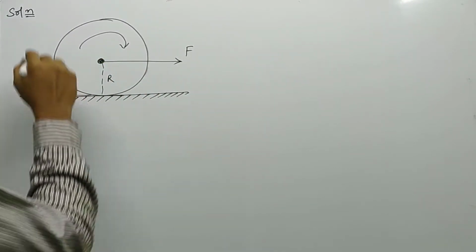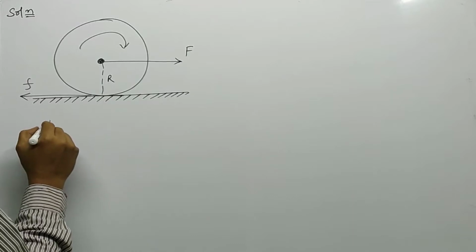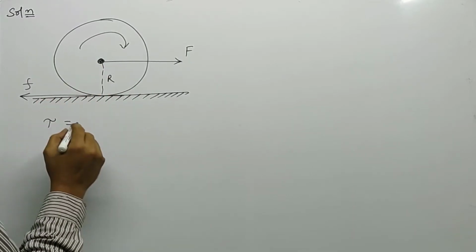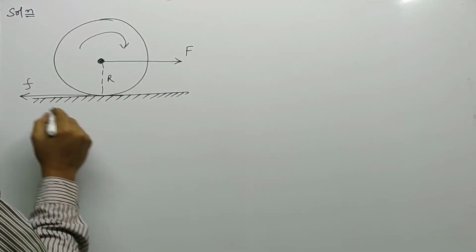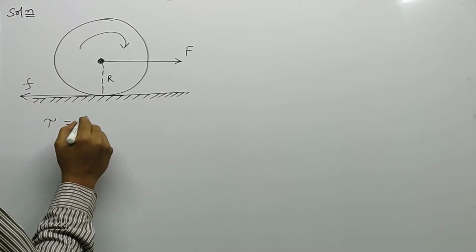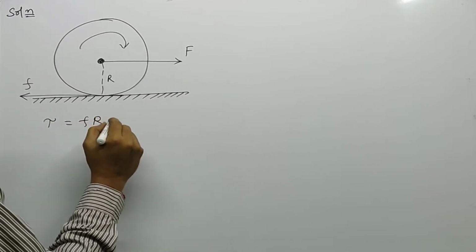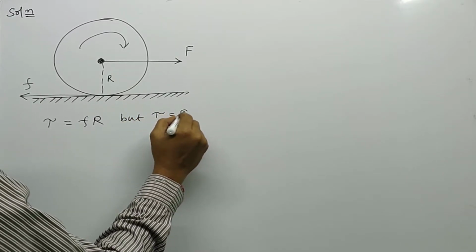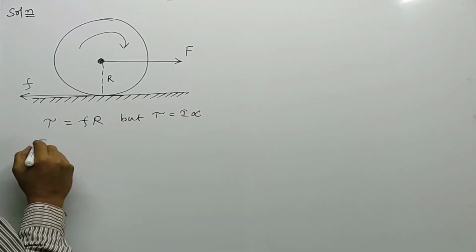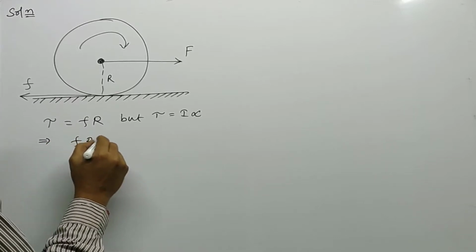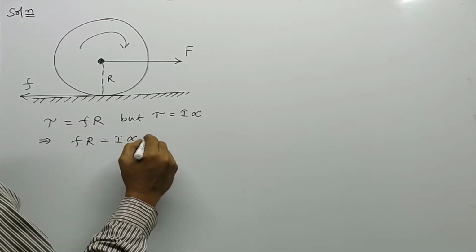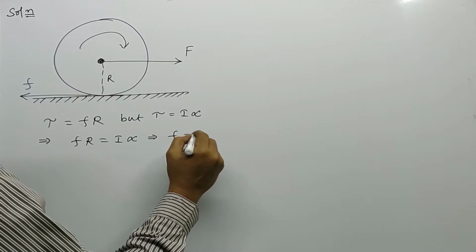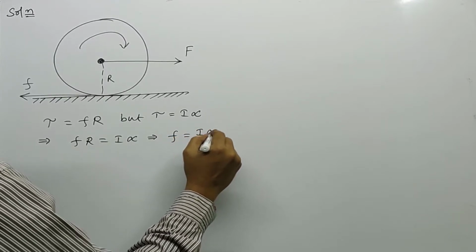Now for rolling, the torque acting on the cylindrical roller due to frictional force can be written as f into R. But torque can also be written as I into alpha.